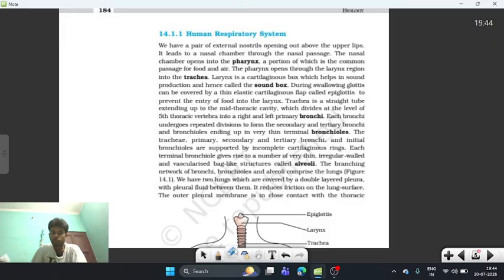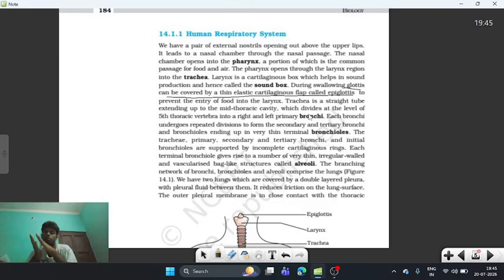During swallowing the food, there is something called glottis. Glottis can be covered by a thin elastic cartilaginous flap called epiglottis. Pharynx was the common opening for food and air. So now when we are eating, the nasal passage has to be blocked because the food needs to go.